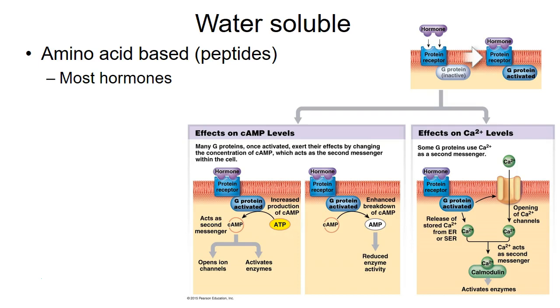Right? Now, what ends up happening is the second messengers, or the effect of the hormone binding to the receptor, can cause channels to open and cause proteins to be turned on and off, and also can cause genes to be turned on and off inside the nucleus. Okay. So here's a way that we can exert control from outside a cell to inside of a cell, right?